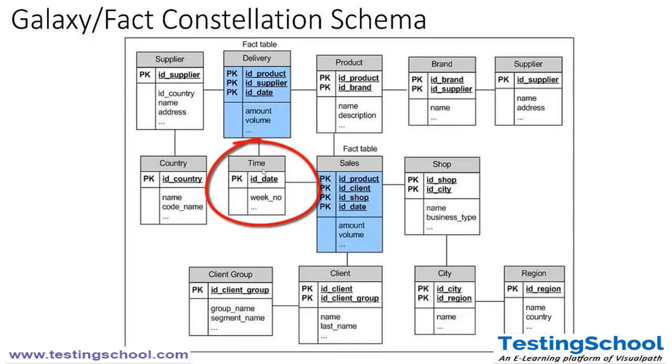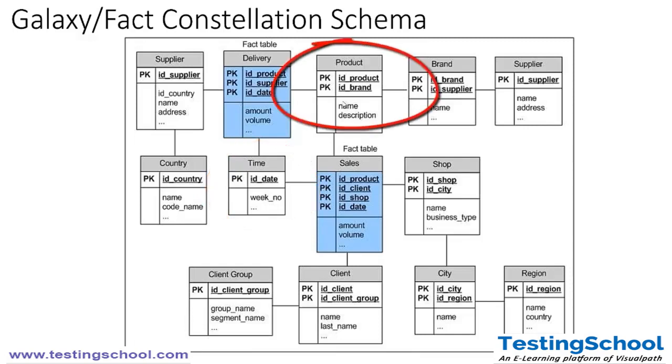Here time is connected to delivery and it is also connected to sales. Product dimension is also connected to delivery, and it is also connected to sales, right? That's the fact constellation schema. Whenever you use the same dimensions for two different facts, it is also called a conformed dimension. We'll talk about that separately in another lecture.